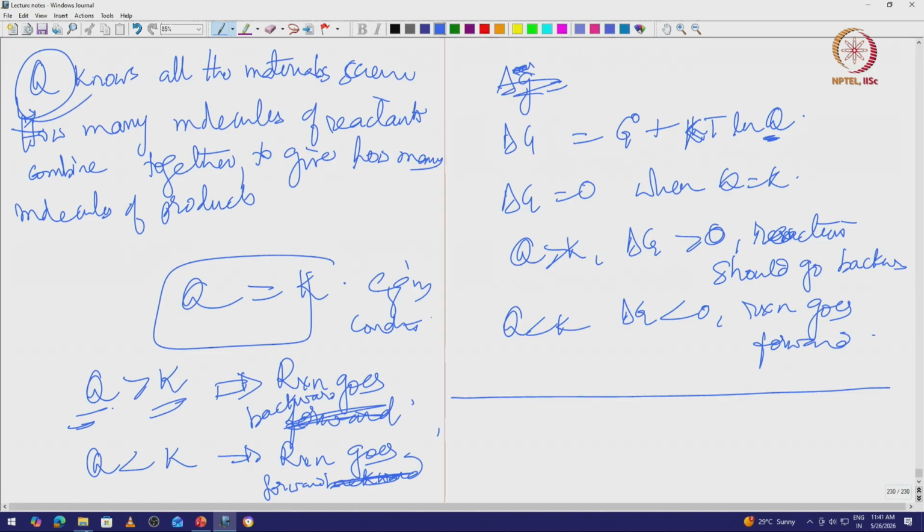We will again start from here; there is some confusion at the end, but I will try to resolve it in the next class. But in general, when we are looking at reaction thermodynamics, we are going to look at Q's and K's, and Q's and K's are a proxy for what my delta G is. The Q gives it, and K tells me how far my reaction is from equilibrium, which wins: is the forward reaction winning or is the backward reaction winning.